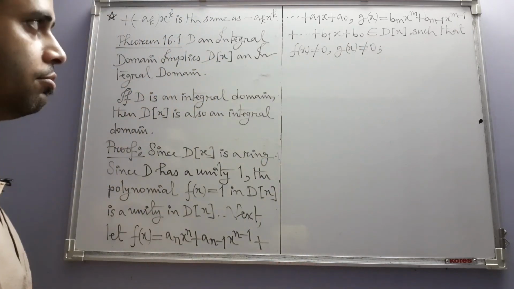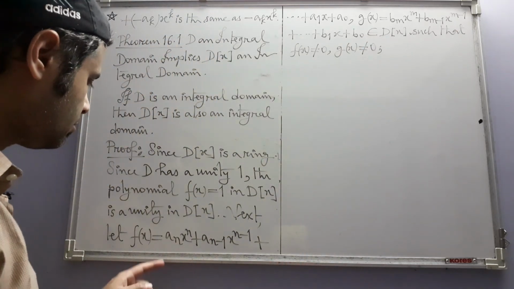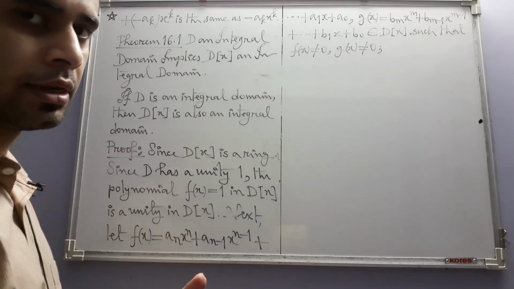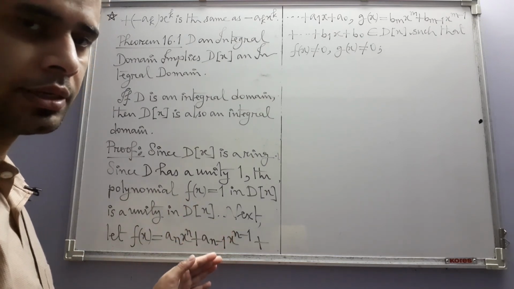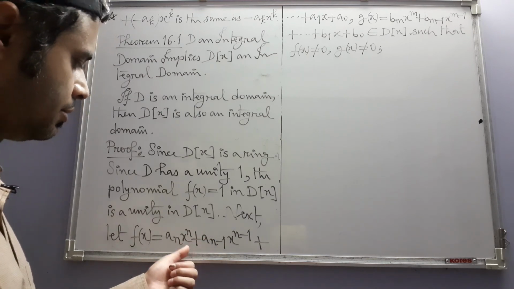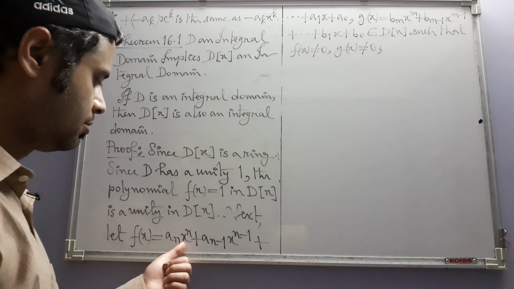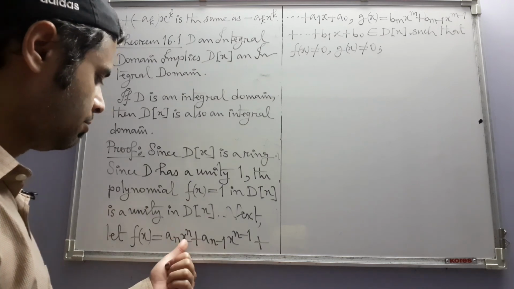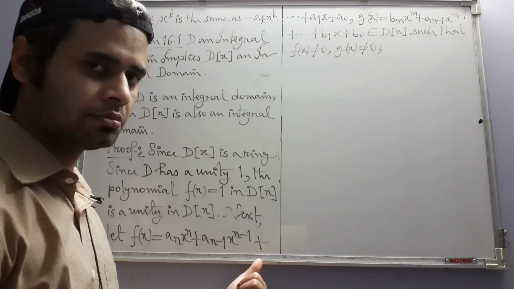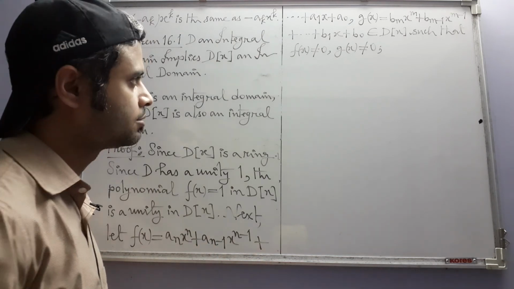And in fact, we assume that these leading coefficients a_n and b_m are non-zero. Had any one of them been zero, there was no point in writing them here. If a_n, for example, was zero, we would not write this term. We would write some other term which appears after this.